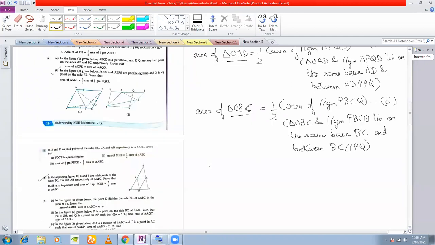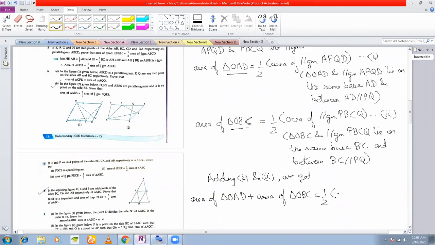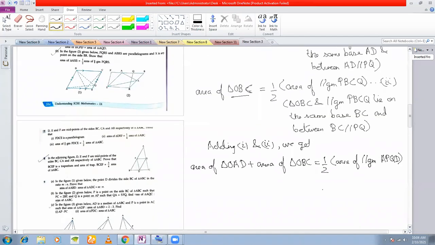So from 1 and 2, adding 1 and 2, we get area of triangle OAD plus area of triangle OBC is equal to half area of parallelogram APQD plus half area of parallelogram PBCQ.